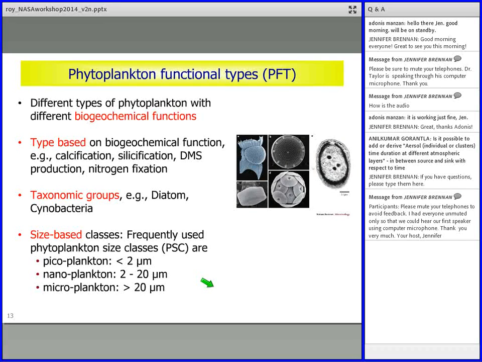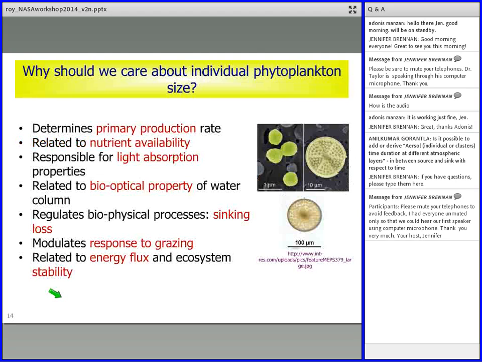However, phytoplankton cells within each size class also vary, and it is very important to know the contribution of phytoplankton biomass at individual size level. The reasons why individual size is important are many. Individual size determines the phytoplankton primary production rate.